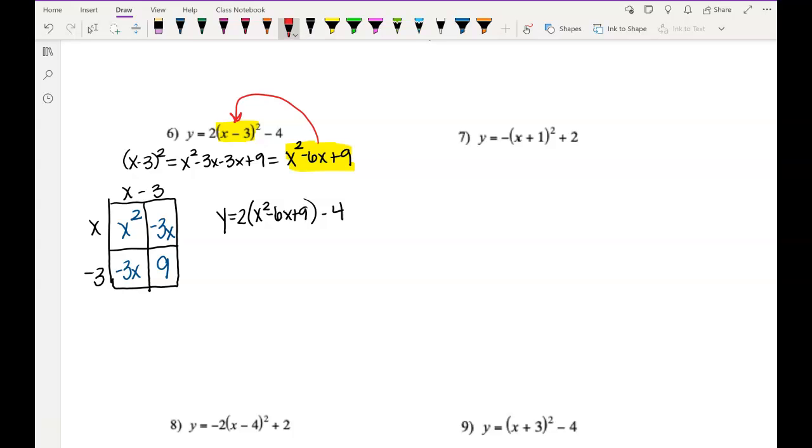And again, since a is greater than 1 this time, we have to distribute that value out. So 2 times x squared plus 2 times negative 6x plus 2 times 9 minus 4.